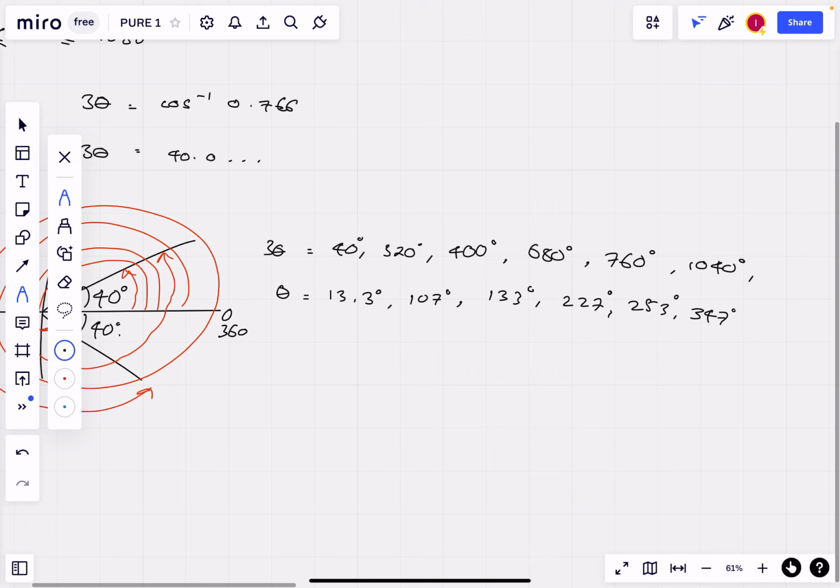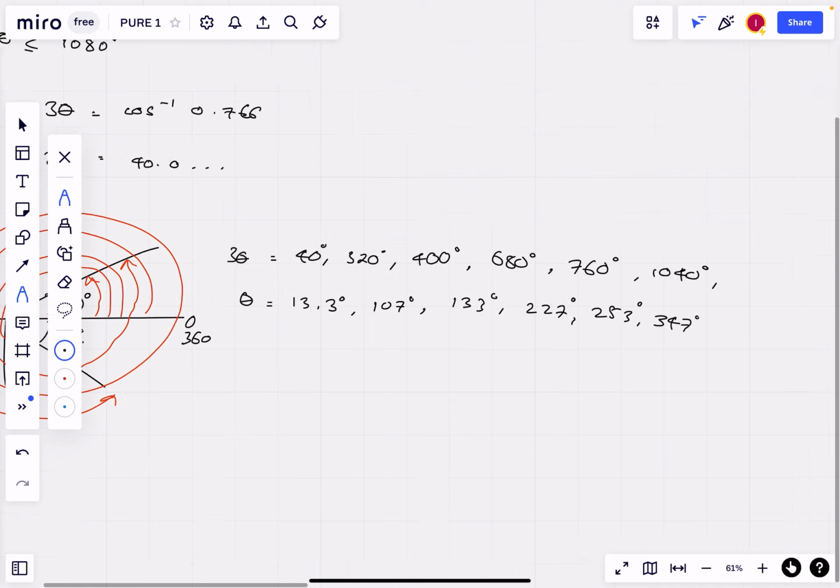And now those values fall within the range of 0 to 360, which is what theta was originally confined to. But that's how that works. So first you want to adjust your range, then you want to solve, then you want to find all the values, and then you can divide or multiply or add or subtract, whatever you need to get theta on its own.